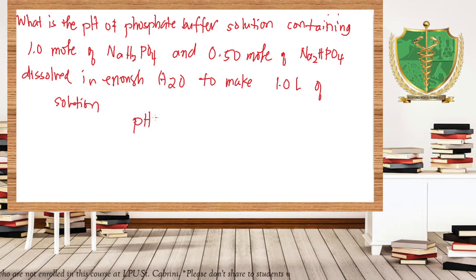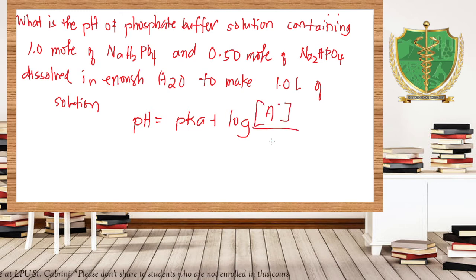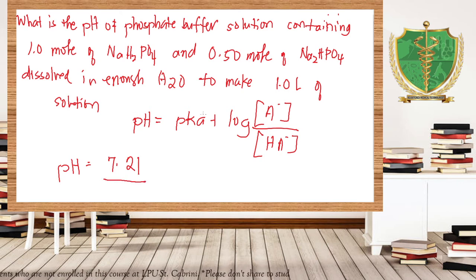So again, our formula is pH is equals to pKa plus log A over HA. So pH is equals to 7.21. Sir, question. Saan po nanggaling yung 7.21?